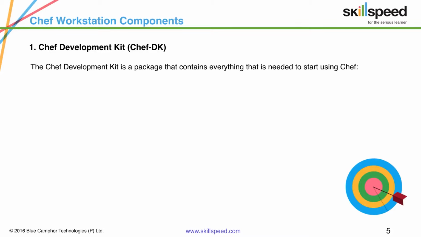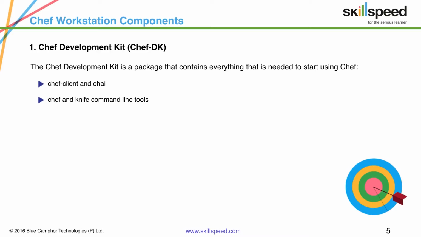This is basically a small piece of software which you can download from downloads.chef.io. It is a package that contains everything that is needed to start using Chef. The first thing is Chef Client and Ohai, which are the tools installed on the Chef Workstation as well as on the Chef Node.